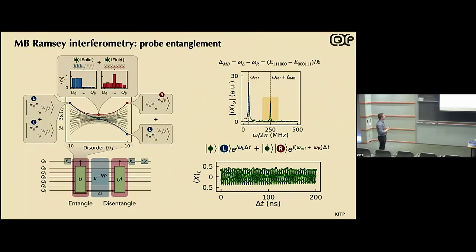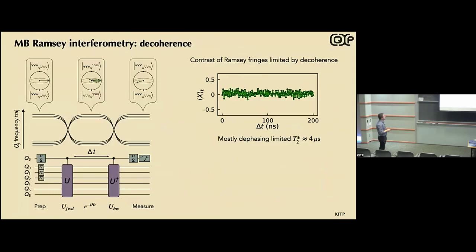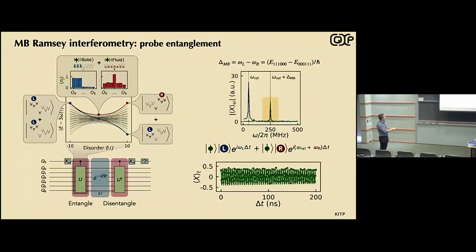Since I'm running out of time, you can ask me later, maybe during or after the talks, how we normally go from our Ramsey signals, because I lied, our Ramsey signals don't really look as good as this if we just perform a simple Ramsey measurement.